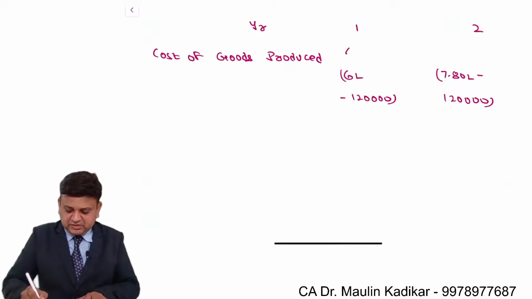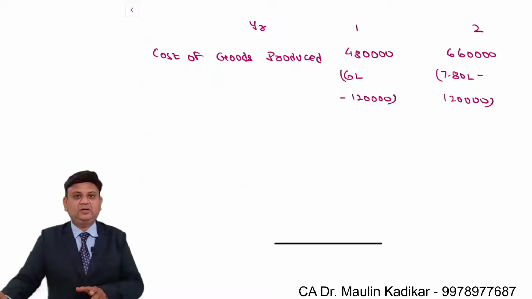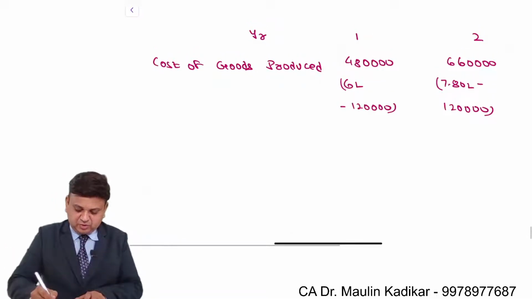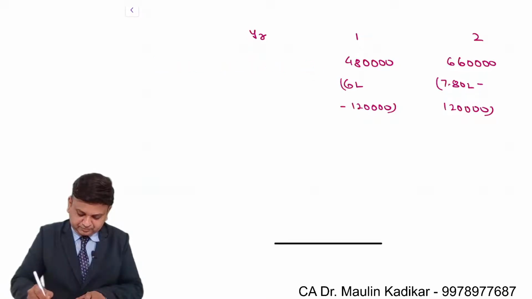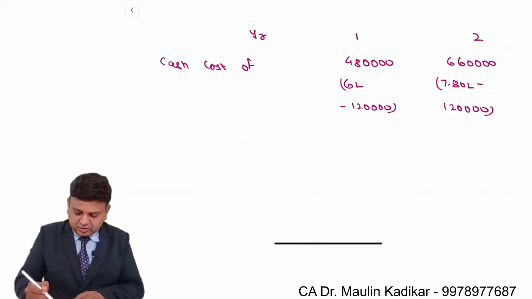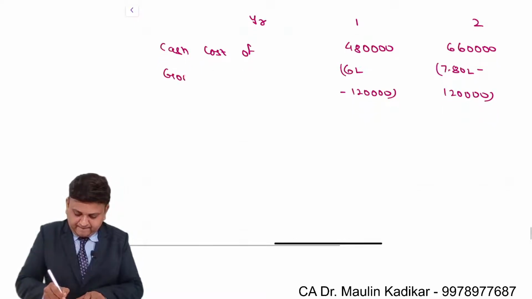So it is 4,80,000 and 6,60,000. This is, precisely, the cash cost of goods produced.